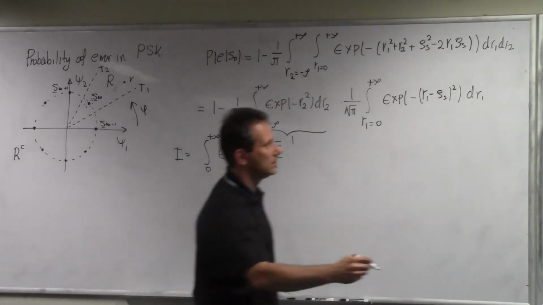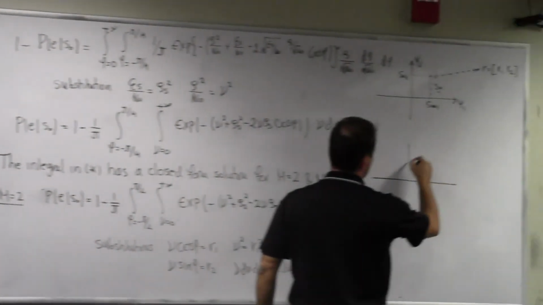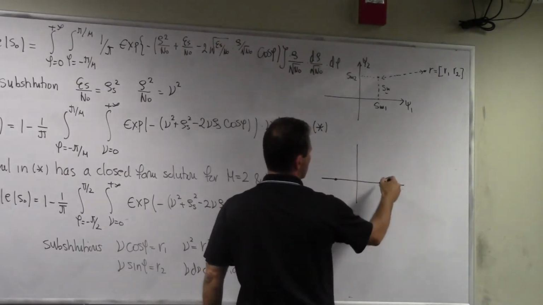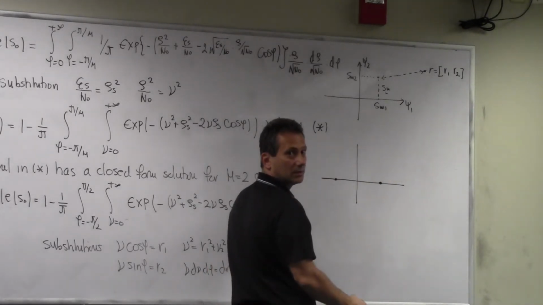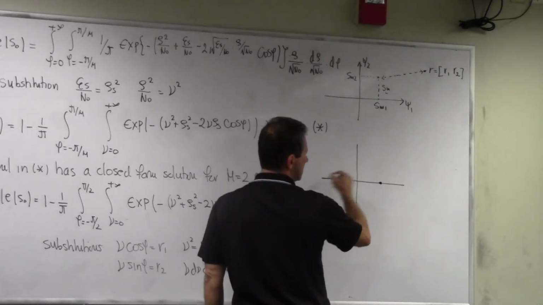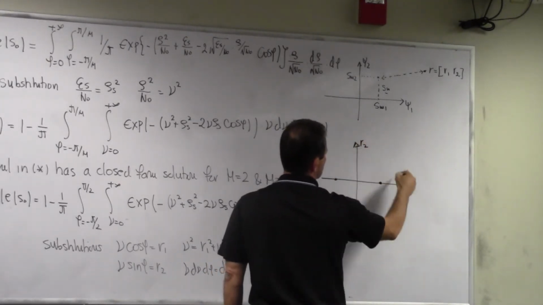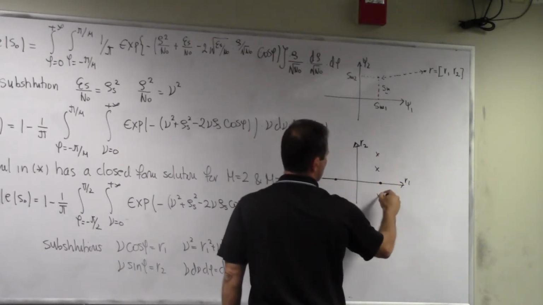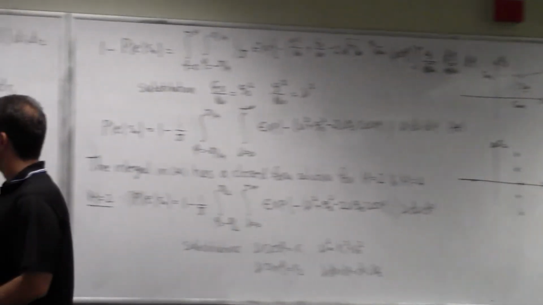If you're having an m equal 2, here's your constellation point. If I'm throwing a dart, offsetting the dart in this direction doesn't do anything. It is this direction that is critical. So this is R2 and this is R1, and noise in this direction doesn't do anything. That's why this is equal to 1.